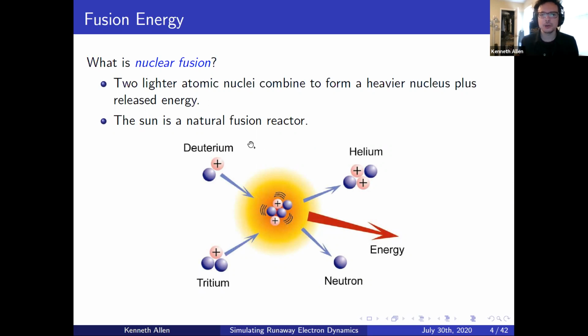That is how the sun produces energy, with nuclear fusion. So here's a picture. We have a deuterium and a tritium, and they combine together and form helium and a neutron, and also release energy. So this is a basic example of nuclear fusion.